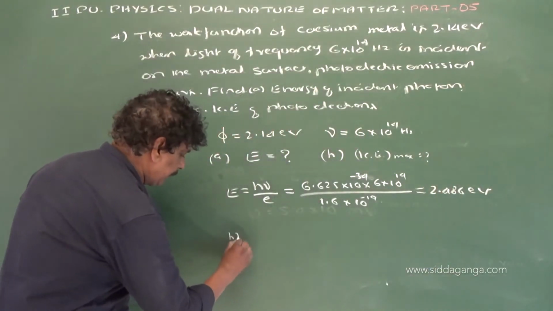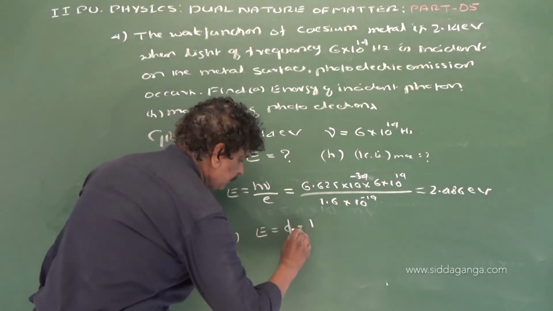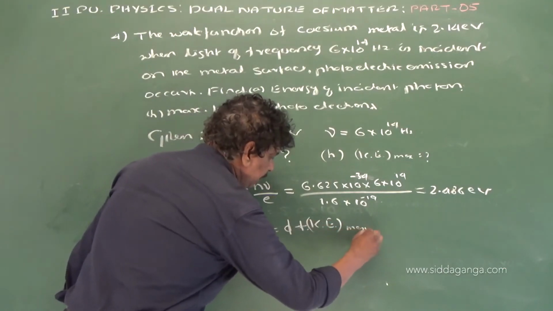Now B, we have E is equal to phi plus kinetic energy maximum.